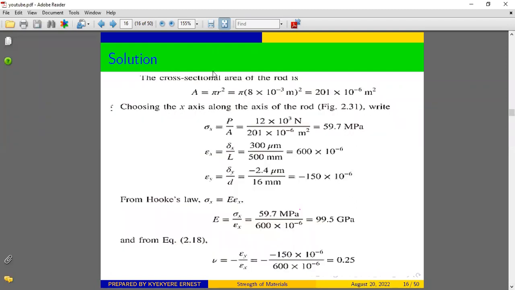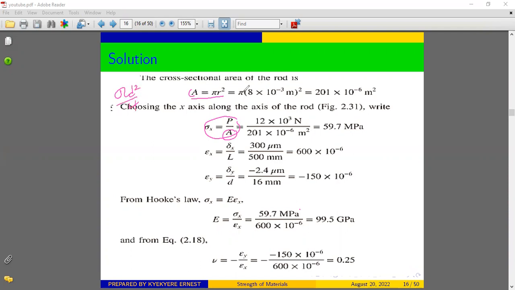So first of all, if you want to get the stress, it is the force over the area, which is indicated on our screen. Therefore, we need to determine the area, and we know that the area of a circle is pi r squared or pi d squared over 4.